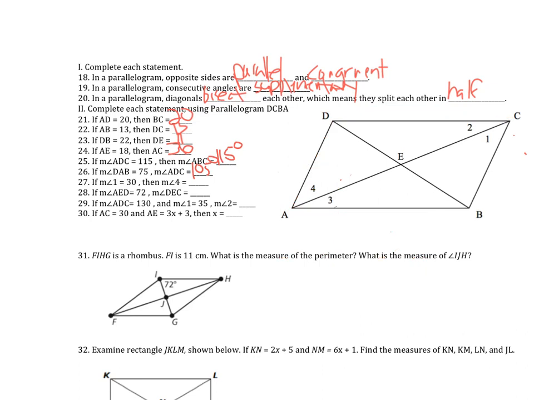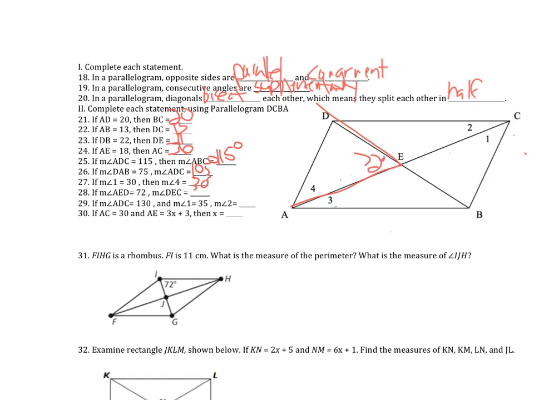Okay, now on 27, we're told that measure of angle 1 is 30. So what's the measure of angle 4? It is 30 as well. We know this is a parallelogram. There's my parallel sides. There's my transversal. Those are now alternate interior angles, which are congruent. So that's why that one is 30. So AED is 72.